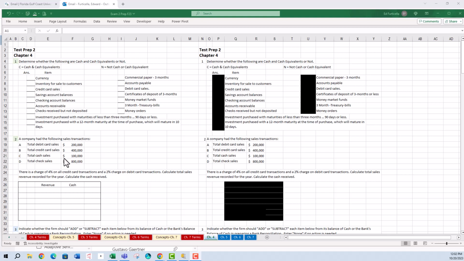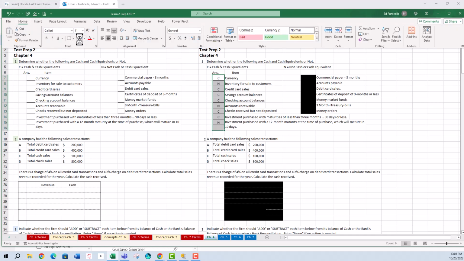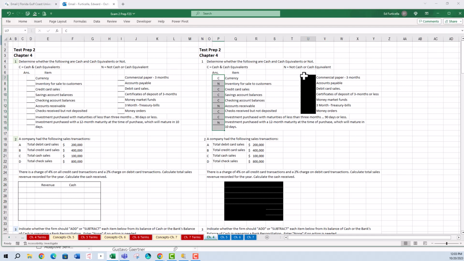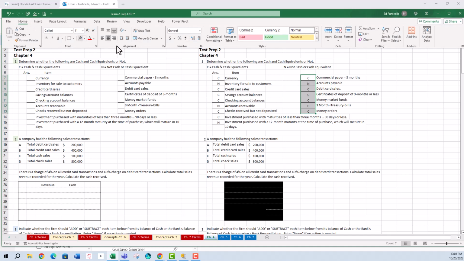I'm not going to go through this in detail because you can look at these problems, move to the right, and unshade the answers to see if you're solving them properly. That'll take place not only for Chapter 4, but for every chapter in this exam.